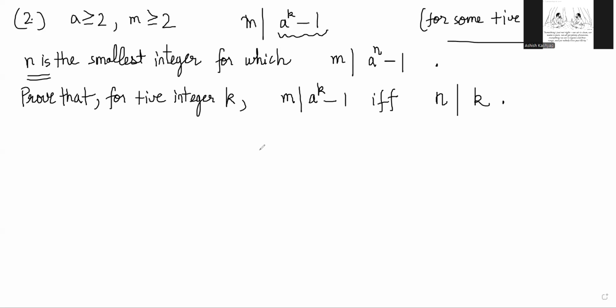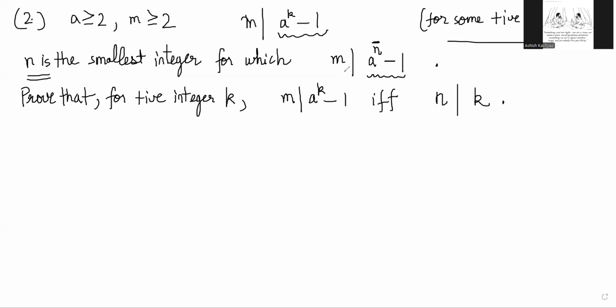So basically what it is saying is, if you think about it, if m divides the smallest expression of this form, a power n minus 1, then when can you say that it will divide a higher expression? It will divide a higher expression, a power k minus 1 of that same form, only when n divides k, right?